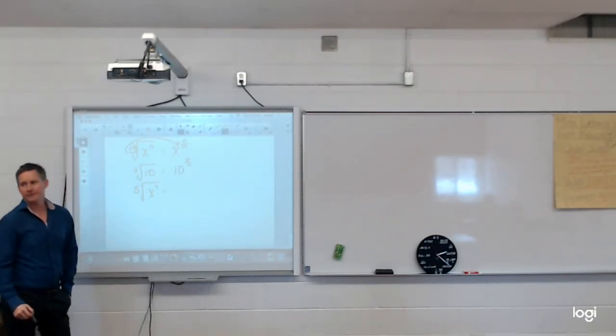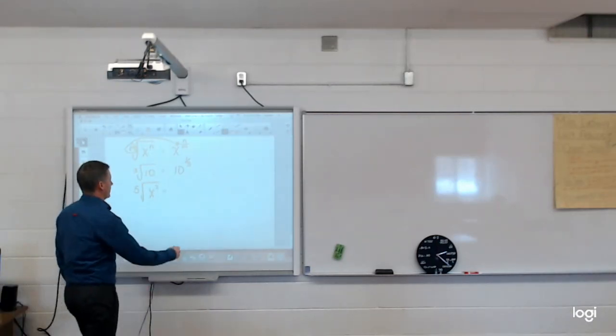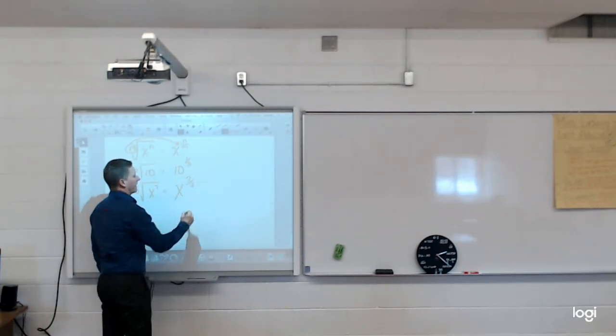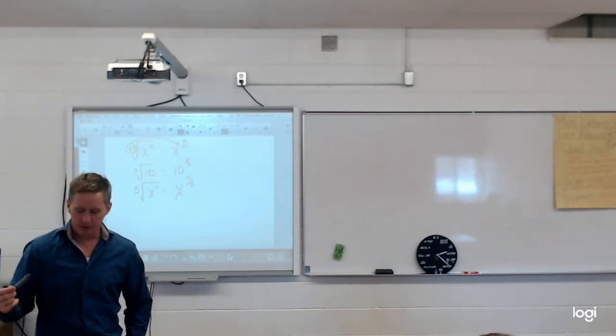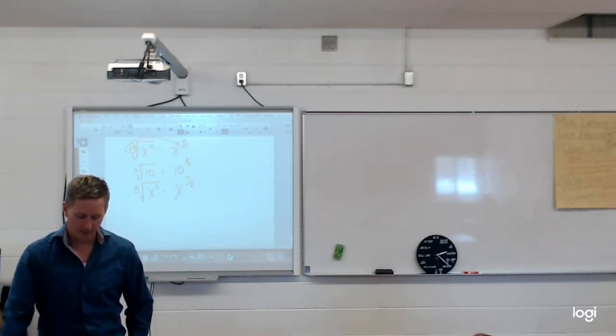Let's say I have the 5th root of x to the power of 7. That'd be written as x to the power of 7 over 5. So the rooted value always goes on the denominator of the fraction that we are working with.